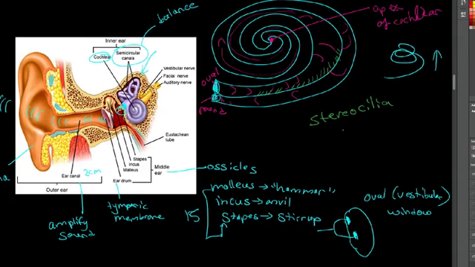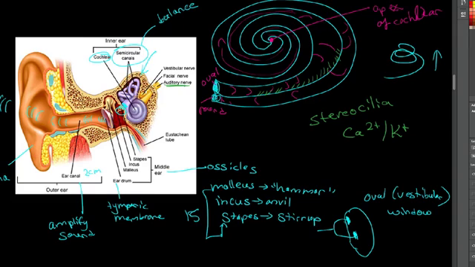Those allow cations, your calcium and your potassium, to flow in and depolarize the nerve cells. That depolarization is then sent down to the auditory nerve, okay? And that's what stimulates your auditory cortex. So that's how the ear turns air pressure into electrical signal that can be read by your brain.